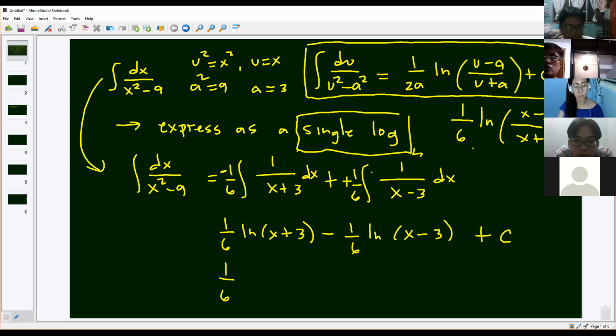I'm relying on what you got. So this should be a minus, and this is a plus. So that would be 1/6 of the ln. So you know that log A minus log B can be written as log of a quotient using the property of the logarithm. So sa taas is x minus 3, sa baba x plus 3 plus c.